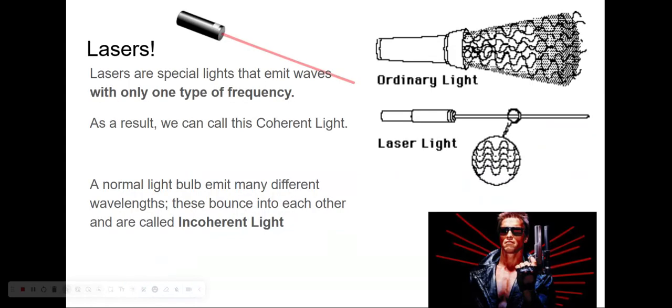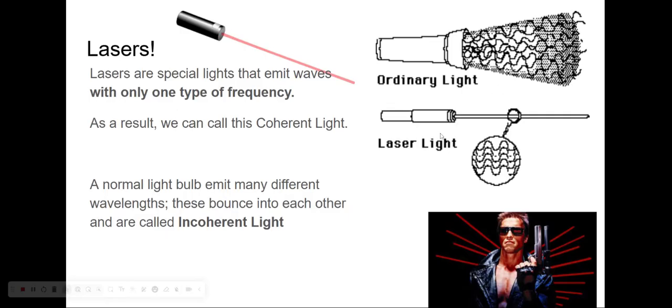Lasers are pretty darn cool. And what they do is they take advantage of wavelength. When we have an ordinary light, typically it's white light. And we can see all these different wavelengths, and it's kind of like a big mess. They're all tied up and bouncing off each other, and they're around each other. And it's incoherent, okay?